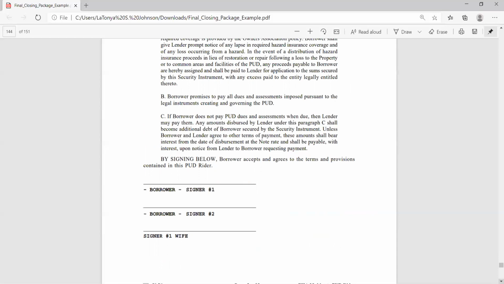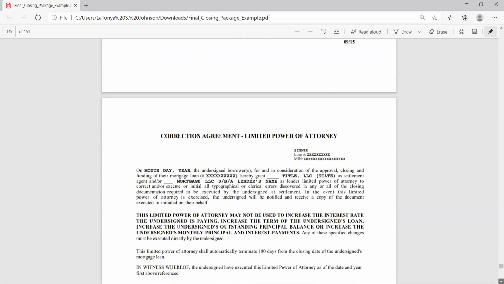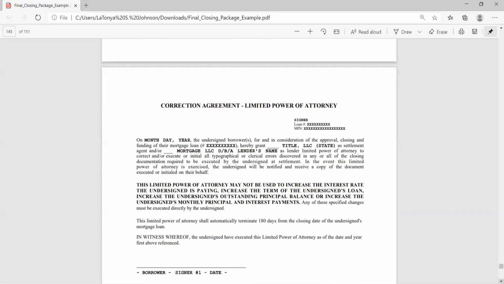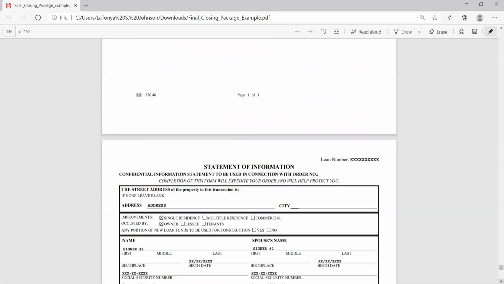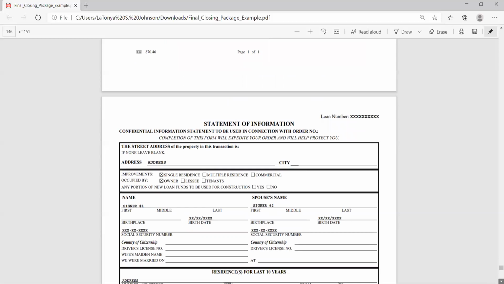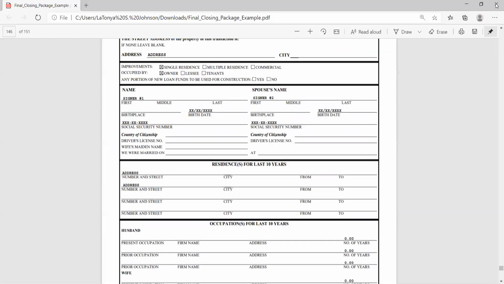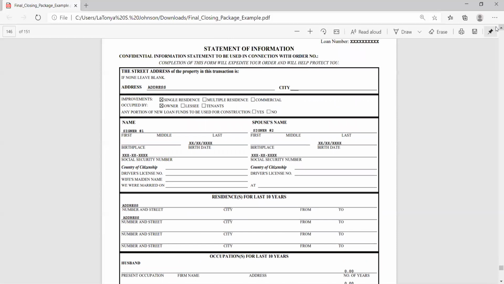Sometimes they just have to sign it. Other times they have to sign and date. Like here, they have to sign and date. Sticky goes here for them. Sticky goes on the other side for you in a different color. This is just verifying all of their information. Have them take a look at this page and verify that all of it is correct.